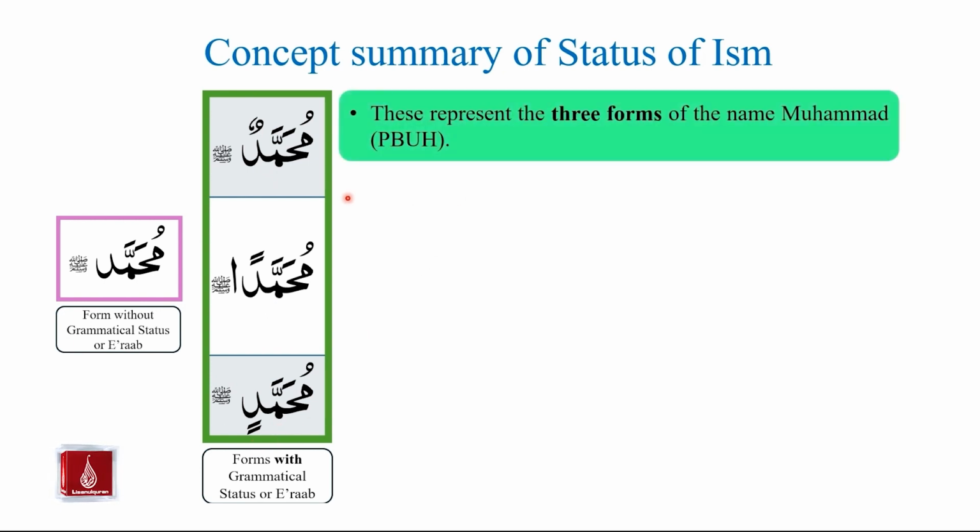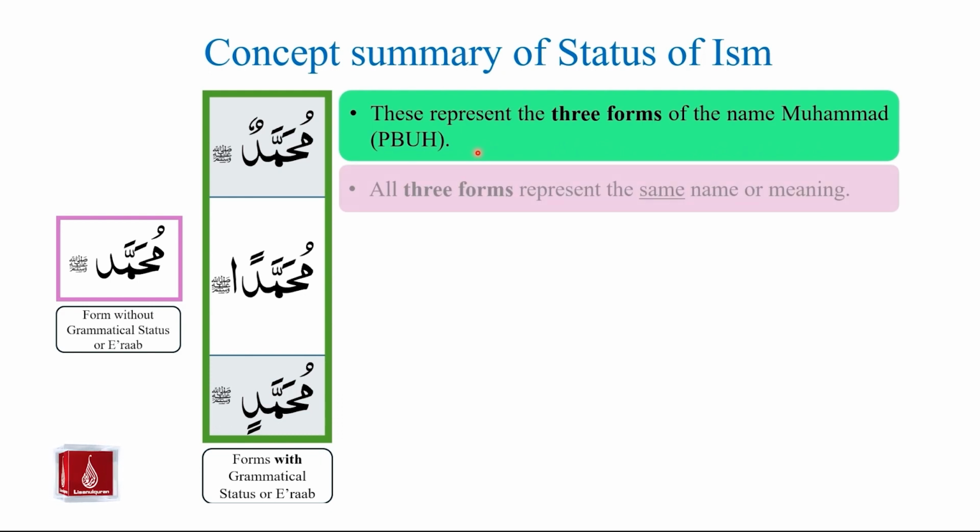Please note that all these three forms represent different versions of the name Muhammad, peace be upon him. All three forms represent the same name or the same meaning. Meaning Muhammadun, Muhammadan, and Muhammadin in this example all refer to the same person, that is Muhammad, peace be upon him.